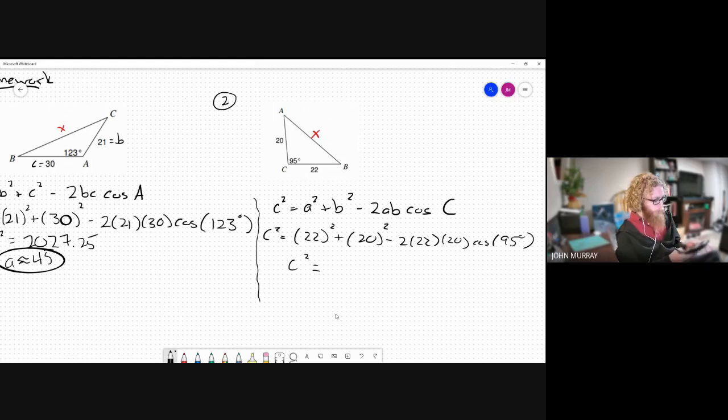Plugging all that in, 22 squared plus 20 squared minus 2 times 22 times 20 times the cosine of 95, I get c squared is equal to 960.7.